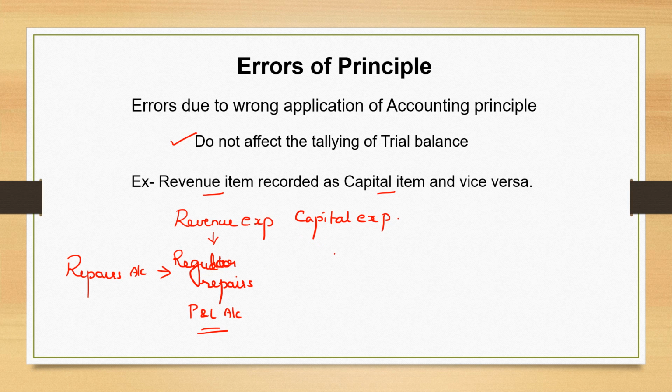But if a major repair is being undertaken, a major component of a machinery is being replaced, and without that component, machinery cannot operate, then it is going to affect the capability of the machinery usage.